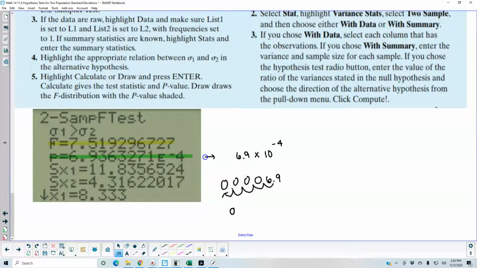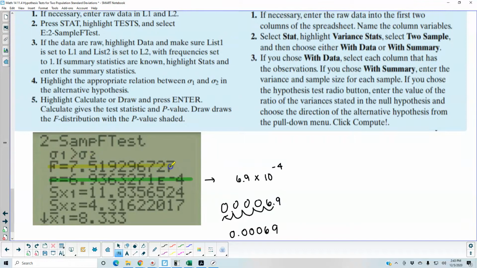So that means you got 0.00069, which then rounds to 0.0007 for your p-value. So that is your p-value when you're using the TI-83 or 84 calculator.